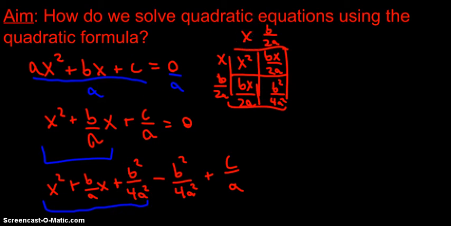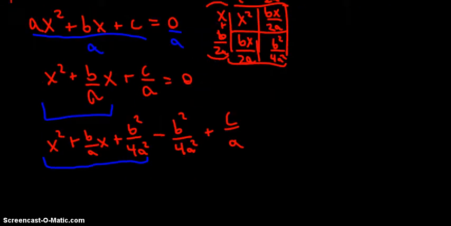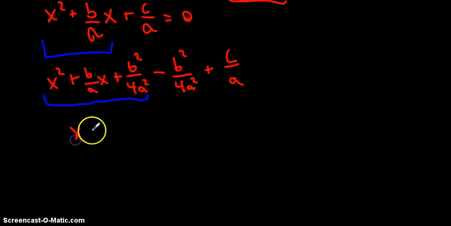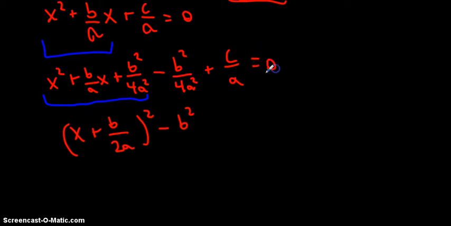And now these three terms are equal to x plus b over 2a times x plus b over 2a, or x plus b over 2a squared, minus b squared over 4a squared plus c over a, equals 0.